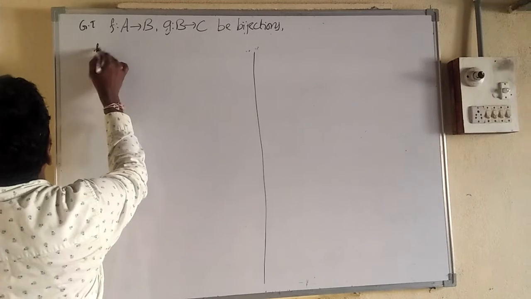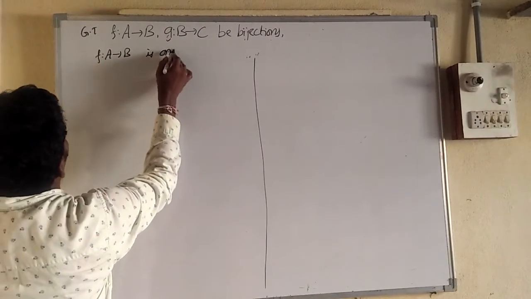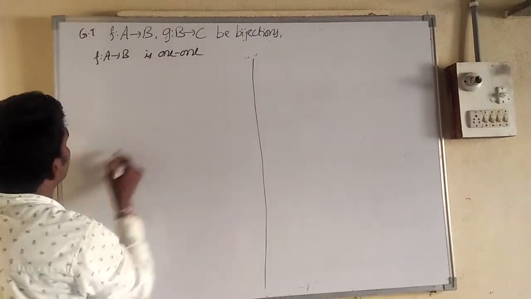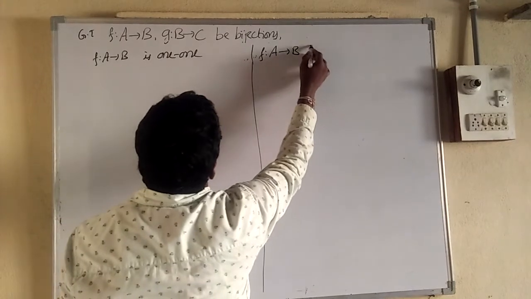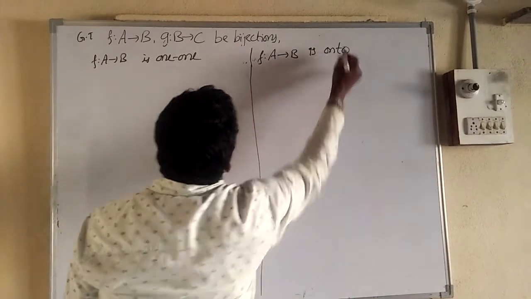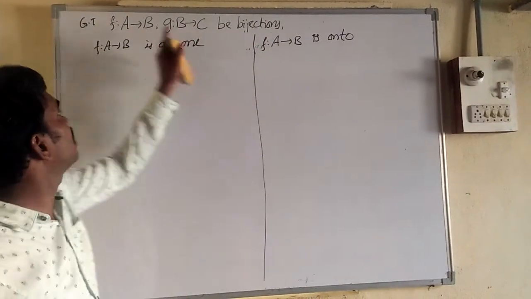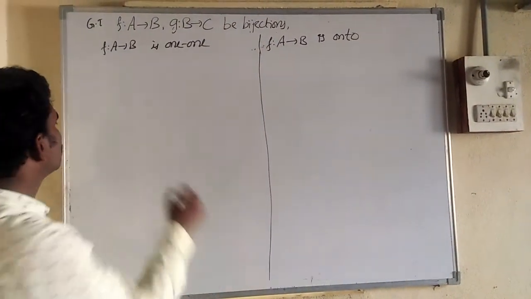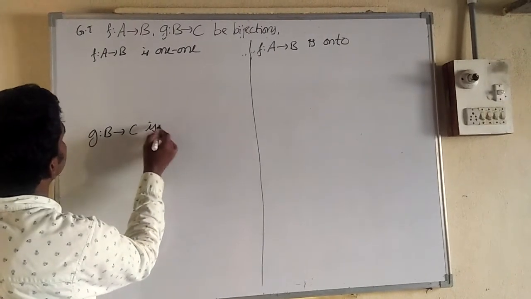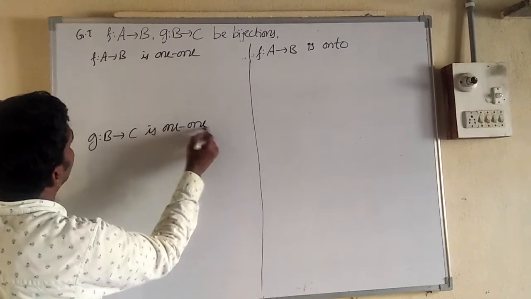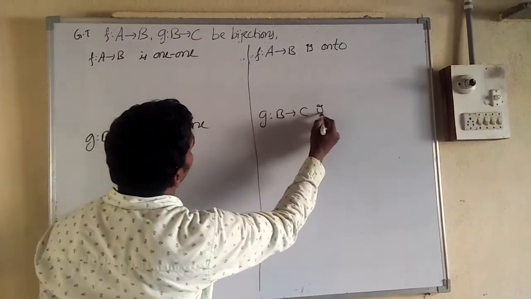I have told you. f maps from A to B is one-one and f maps from A to B is onto. Bijection means one-one and onto. Similarly, the second function g, I am writing: g maps from B to C is one-one and similarly g maps from B to C is onto.